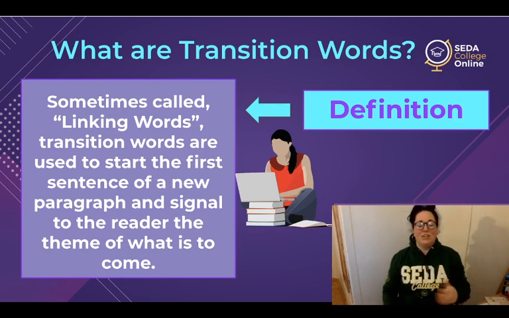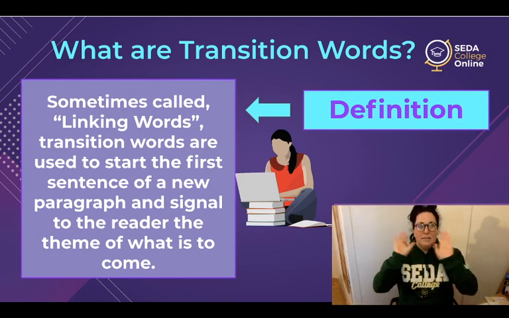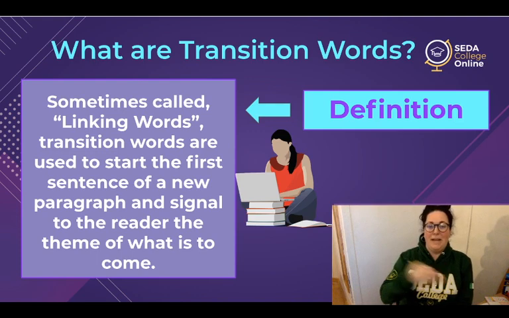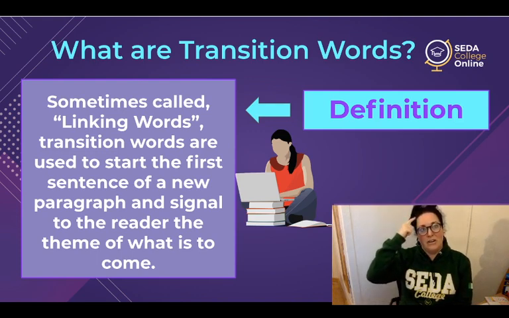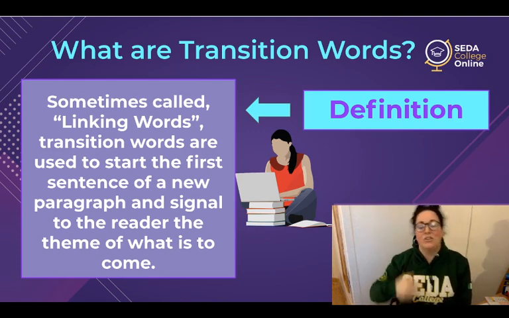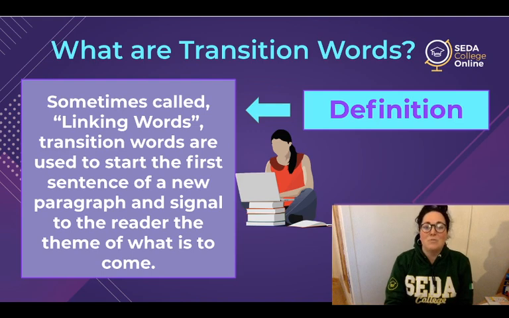When I say signal, they're giving you a sign, a message of what is coming next. Depending on the word, you're going to think, okay, something's going to be similar, or I'm making a generalization, or somebody's telling me the opposite thing. They're showing contrast. That's what these transition words are all about.